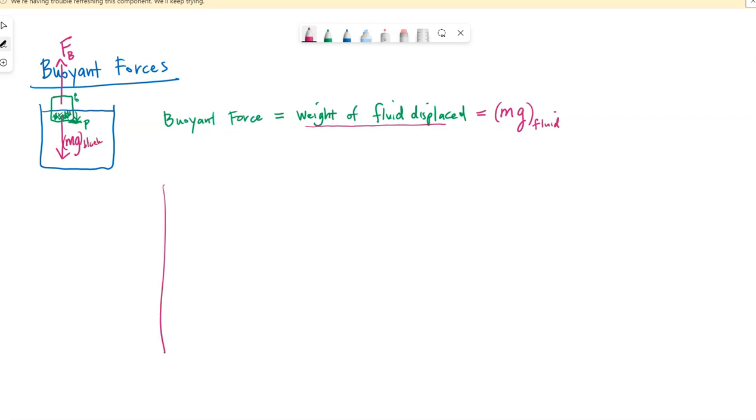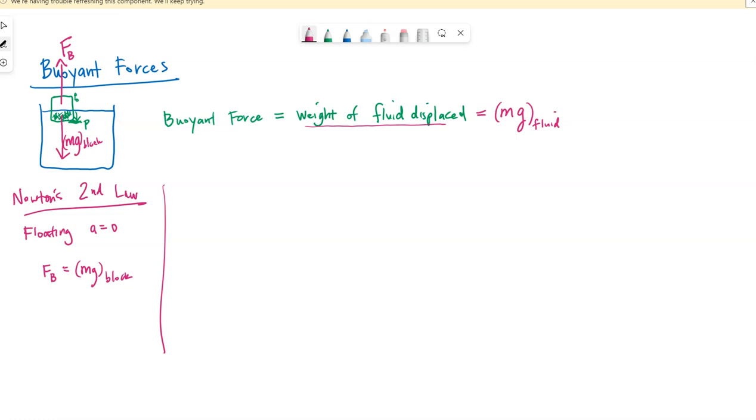In terms of Newton's second law, if this block is floating, its acceleration is 0. So that buoyant force upwards must equal mg, the weight of the block itself, downwards.